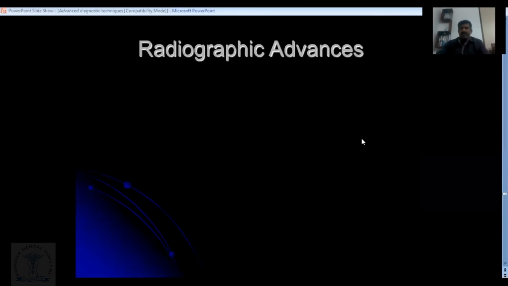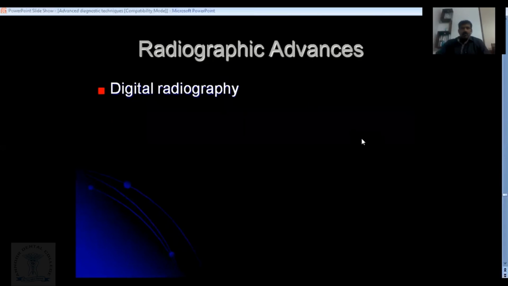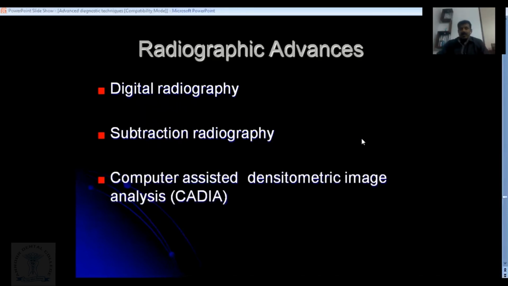Now, what are the radiographic advances? One of the most significant radiographic advances is digital radiography. Another is subtraction radiography. Third one is CADIA, or computer-assisted densitometric image analysis.